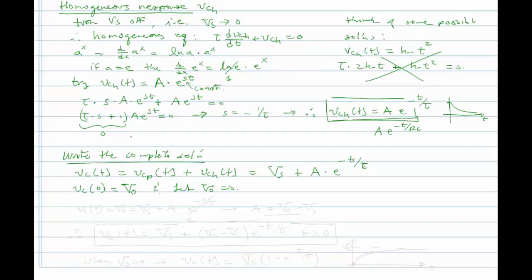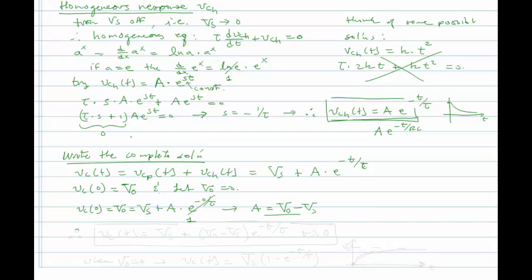So if we have at time 0 VC is equal to VO, then we would have VC of 0 equal to VO is equal to VS plus A times e to the minus 0 over tau. So this will just be 1. So now we can solve for A. A is going to be equal to big VO minus VS.